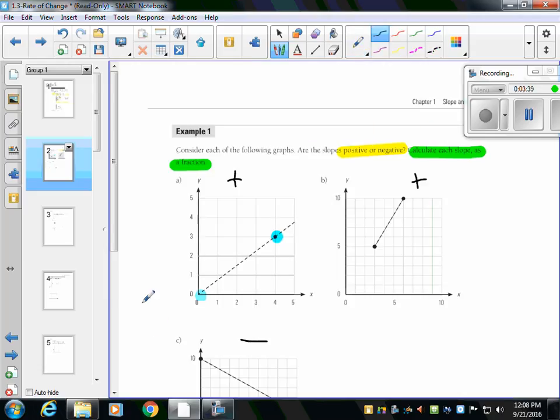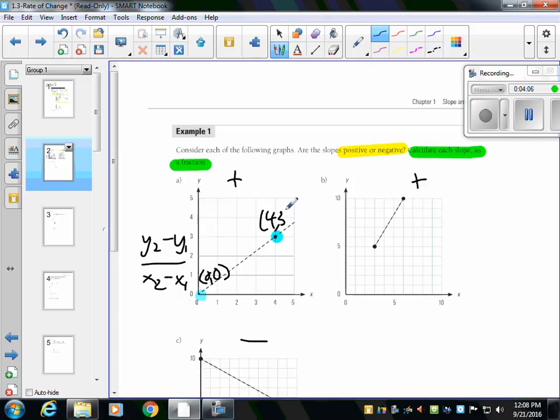So to find the slope, y2 minus y1 over x2 minus x1. So I'd write the points. This first point is 0, 0. And I'd write the second point here. That is 4, comma 3.